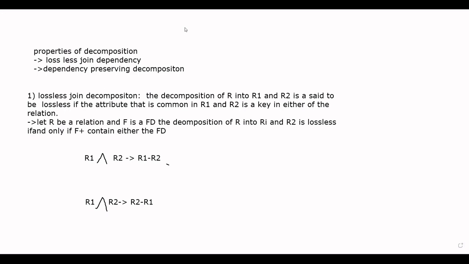If you solve for R1 intersection R2 or R2 intersection R1, both are same only, your answer will be same. But if you do subtraction R1 minus R2 and R2 minus R1, the answer will change. So that is the only difference in this formula.